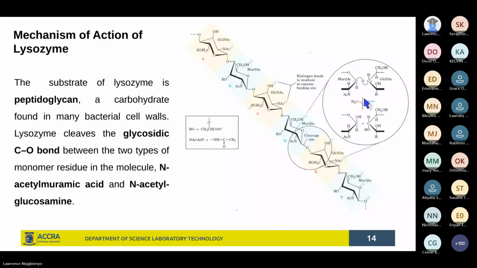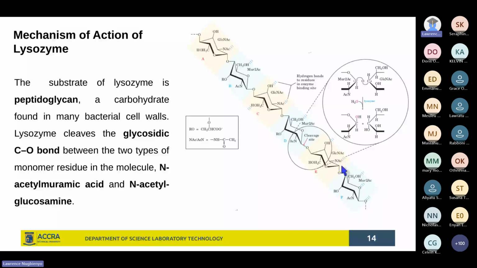It's a hydrolytic reaction, and that results in a single N-acetylmuramic acid and N-acetylglucosamine on the right-hand side. So the bond between them is broken.